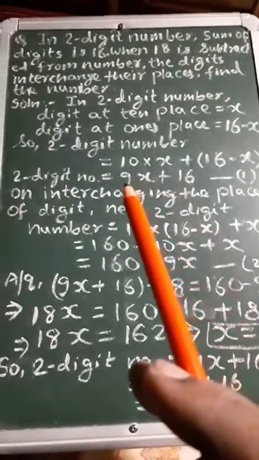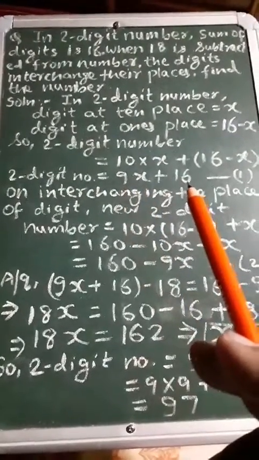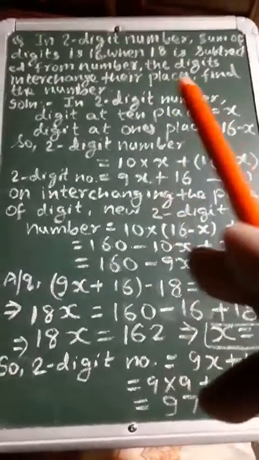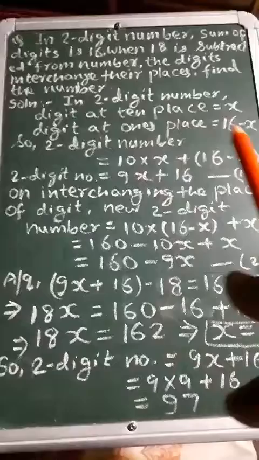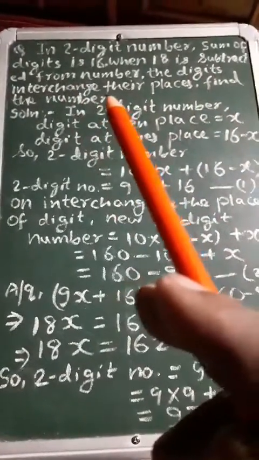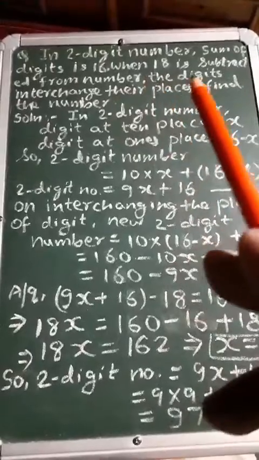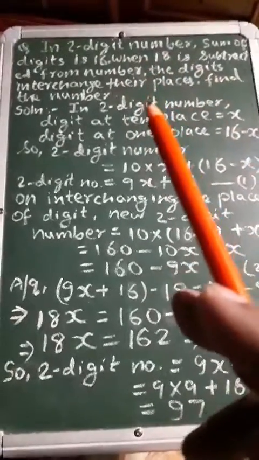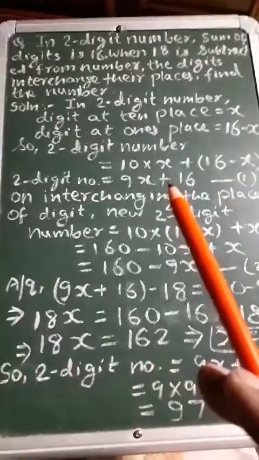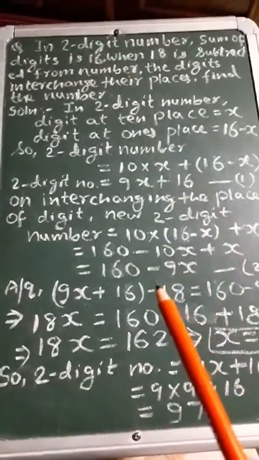And 9x plus 16 is the initial 2-digit number according to the conditions. Now it is written that when 18 is subtracted from the number, the digits interchange their places. So from the original number, if I subtract 18, we get the new number.